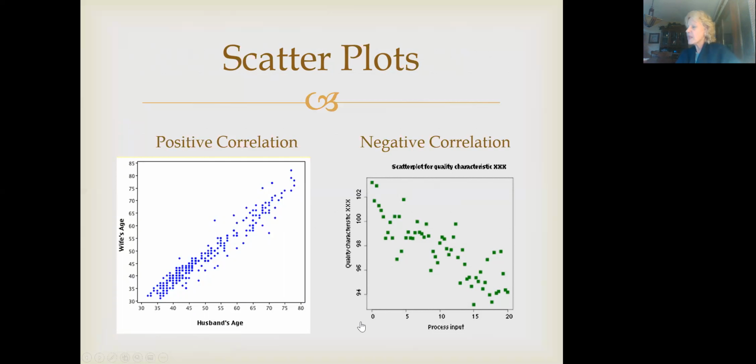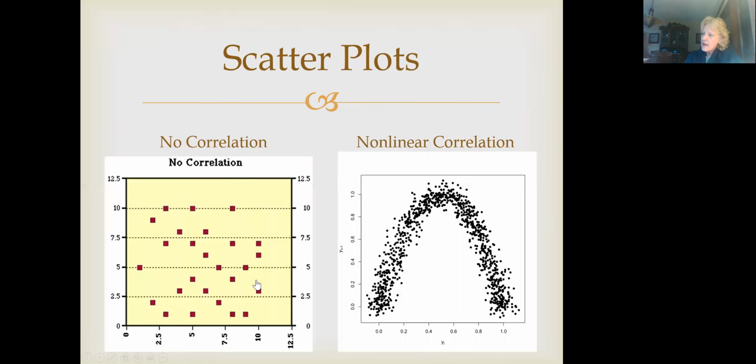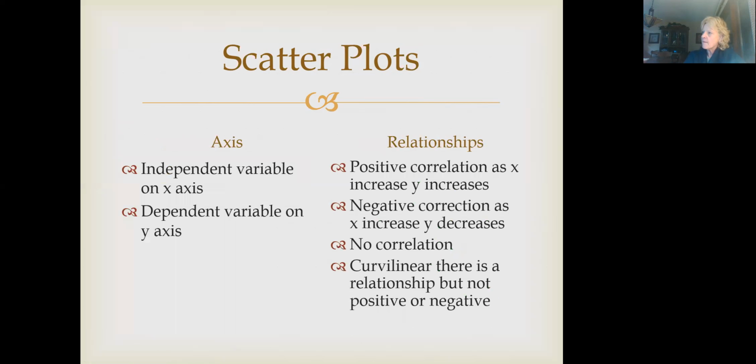So there's a negative correlation on this one, but as I said, they're scattered a little more, so it's not quite as strong. This one has no correlation whatsoever, and this is a nonlinear correlation. So they are correlated, but it's nonlinear.